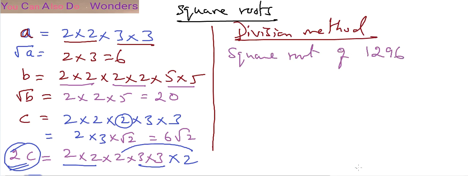Here we need to group the digits, moving from right to left, rightmost to the leftmost. We group two digits at a time.